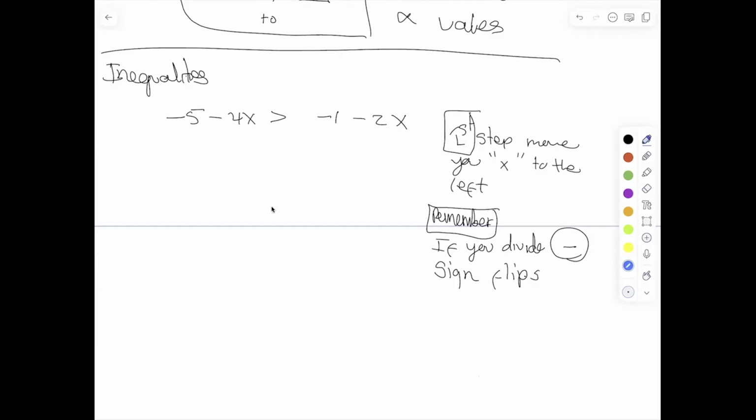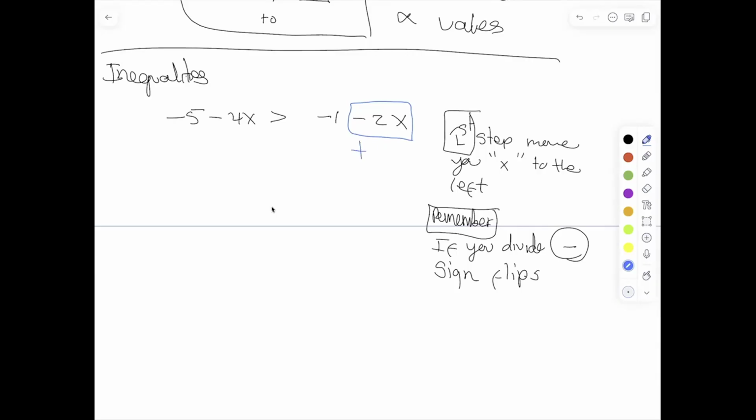So, who's going to help me here? What is the first thing I got to move? Well, x. What does it say? Move your x to the left. So which x is on the right that needs to go to the left? The -2x. So how do I move that -2x to the left if it's a -2x? Plus. You cancel it out. Add it.